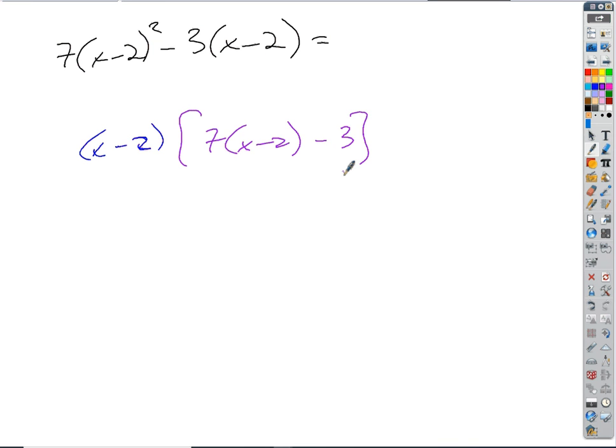And if we wanted to simplify this then, we could distribute and simplify inside the brackets and get 7x minus 14 minus 3. Everybody agree? Okay, good.